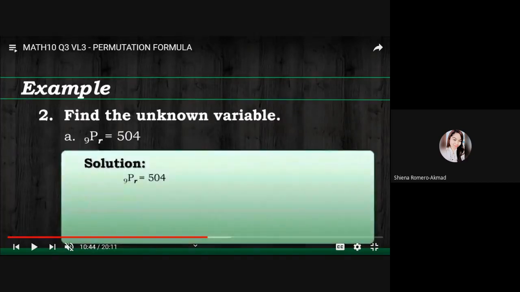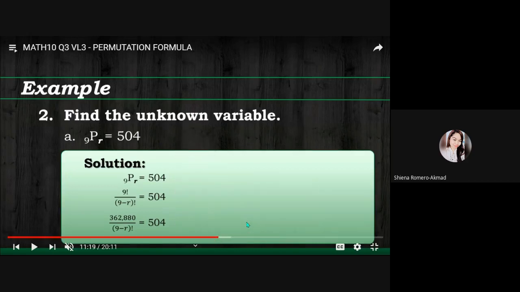How about finding the unknown variable? Dito sa r, madali lang. Ang gagawin nyo lang, substitute nyo lang siya sa formula. Ito yung n, ito yung r. So, sinubstitute natin yung n, then yung r natin, unknown pa rin. Then, we'll have 9 factorial is equal to 362,880 divided by 9 minus r factorial.